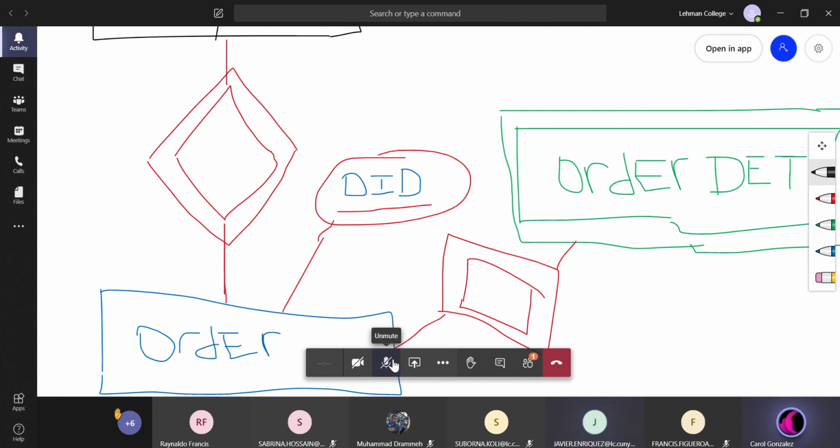So if I remove the orders table, let's say I remove this one, I'm going to put an X on it because I don't want to redraw it again. So let's say this is removed, this is no longer there. What do you think happens to the order details table because the orders table has been removed? The order details won't be there. Yeah, because its parent is the orders table.